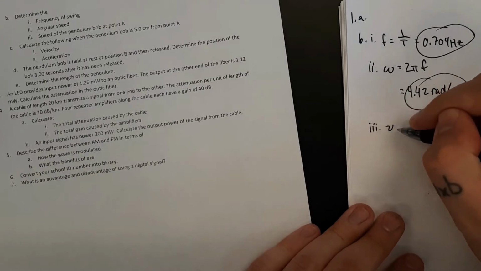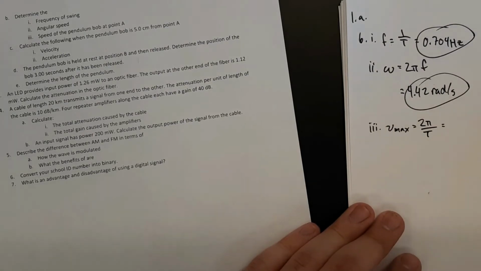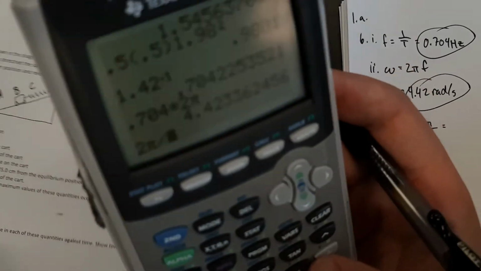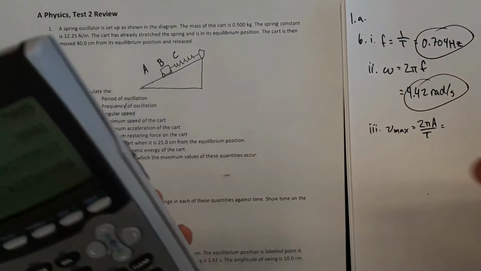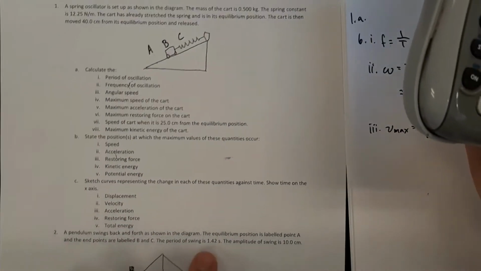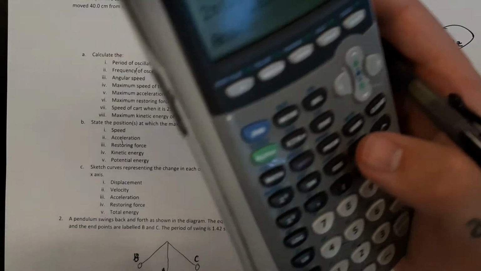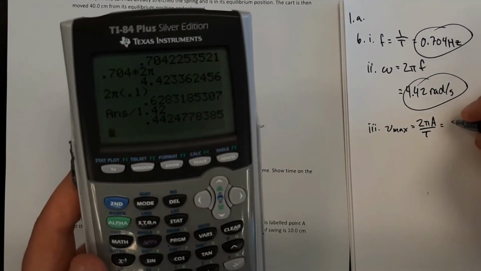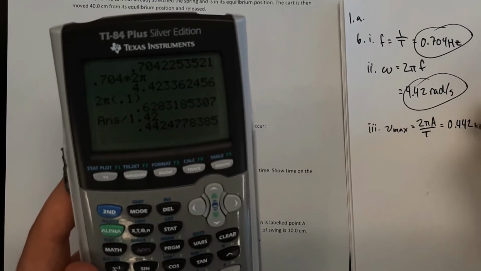We can use this, Vmax equals 2 pi A over T. Lost my mind. 2 pi A, 10 centimeters. So 2 pi times 0.1 divided by our time of 1.42. There we go. So we end up with a maximum speed of 0.442 meters per second.